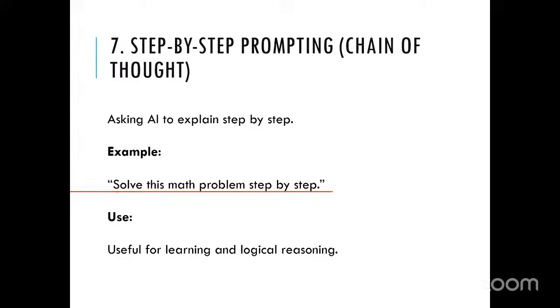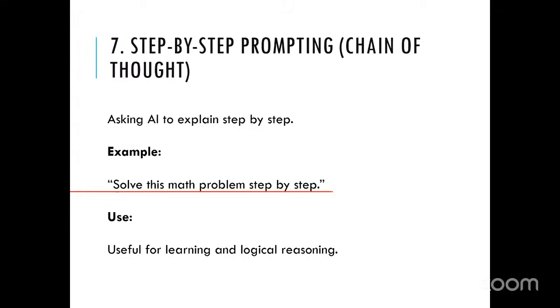You are requesting only one thing, like an algorithm, you are asking the AI to explain step by step. If you give some problem, AI will give you the result immediately, but it won't be step by step. If you're not understanding that, you can ask the AI to give a step by step explanation. So that is known as step by step prompting.